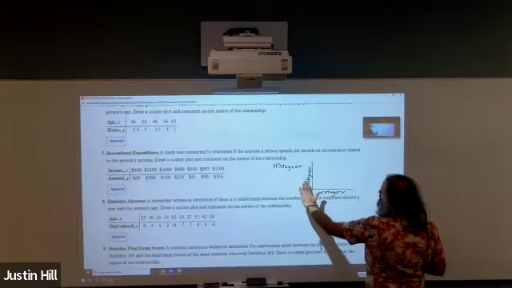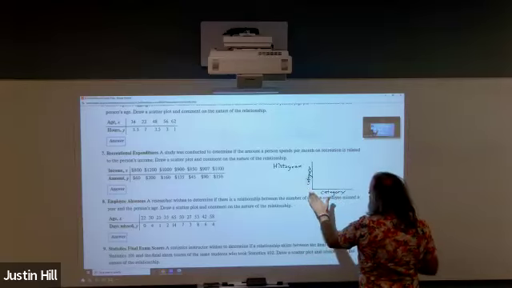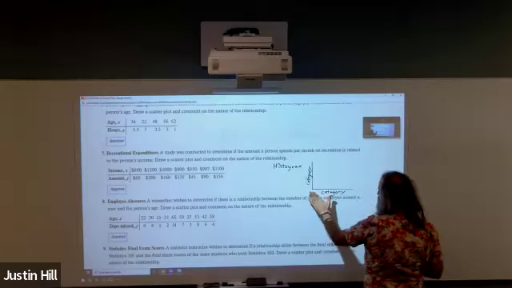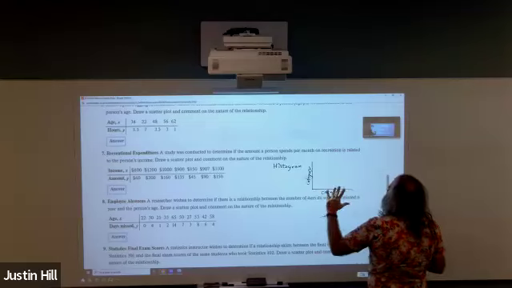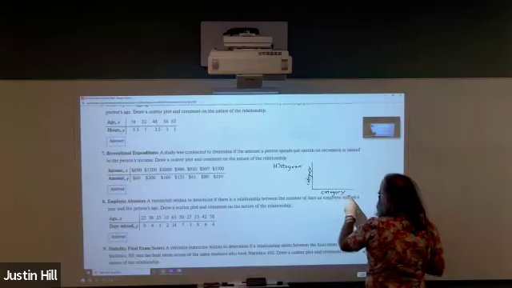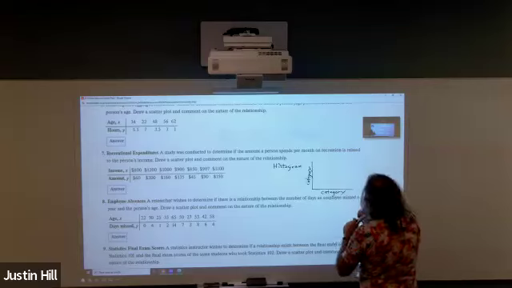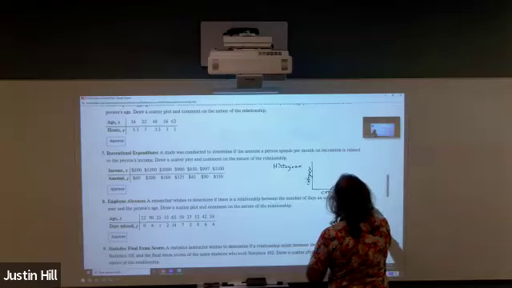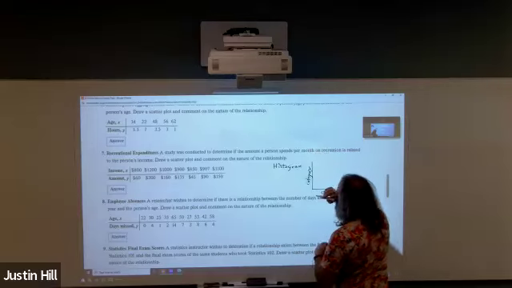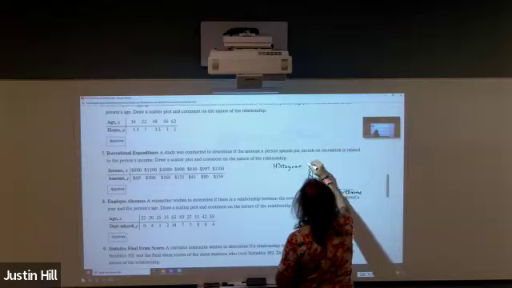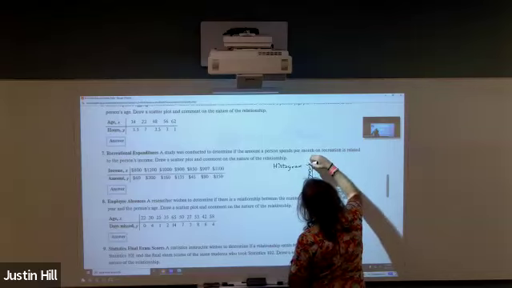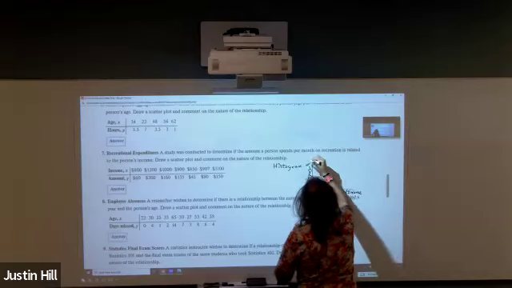So now my graph, instead of just being, it's almost like you have your categories. We could say this could be categories of income. This could be categories of recreation.